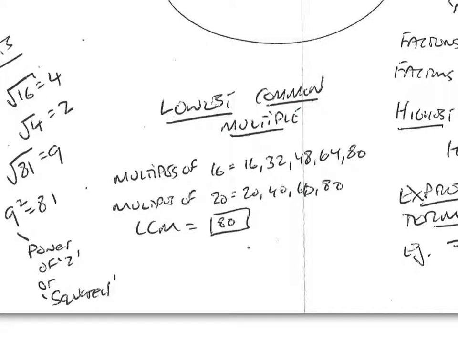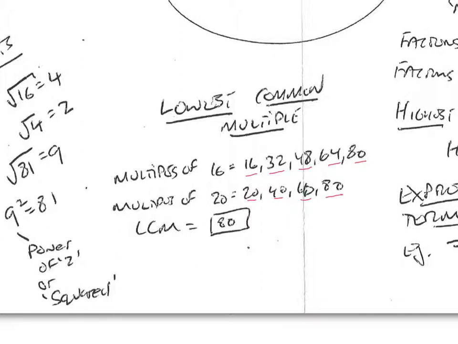And if we look at next the notion of the lowest common multiple, we can see that the multiples of a number are simply those numbers multiplied by 1, 2, 3, 4, 5, 6, etc. So the multiples of 16 would be 16, 32, 48, 64, 80, and so on. And the multiples of 20 would be 1 times 20, 2 times 20, 3 times 20, 4 times 20, and so on.